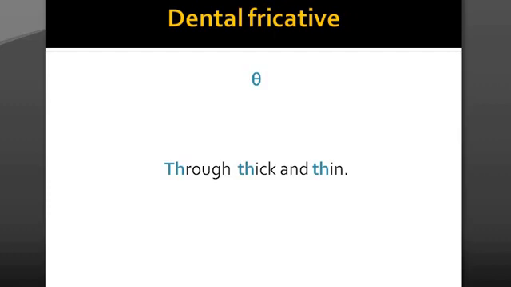So again, watch my mouth. Tip of the tongue is between the teeth. No vibration. All you do is put the tip of your tongue between your teeth and breathe. Blow air.